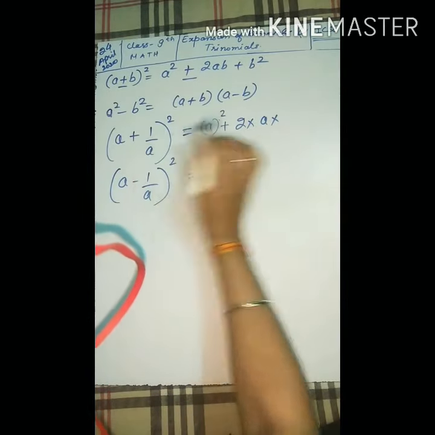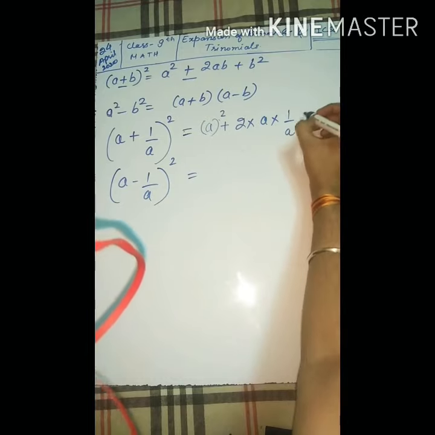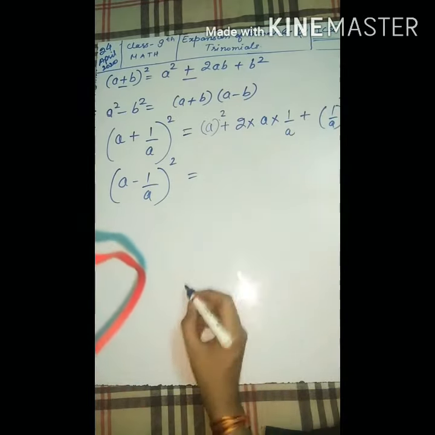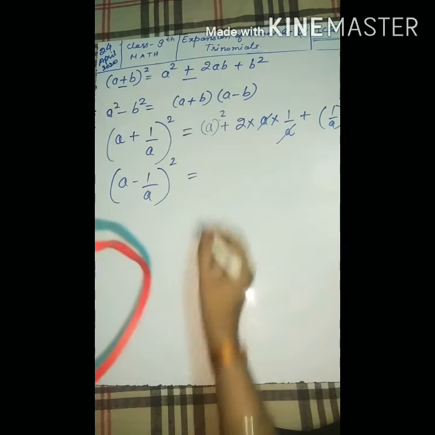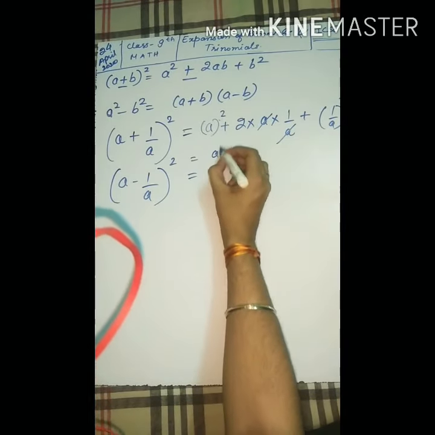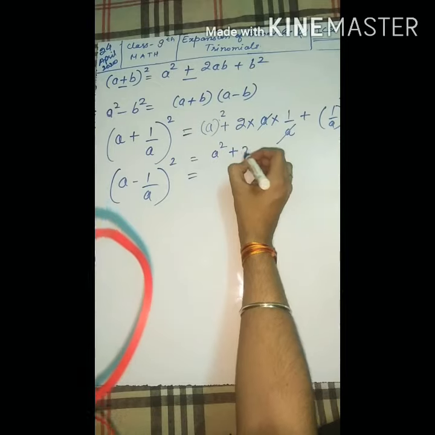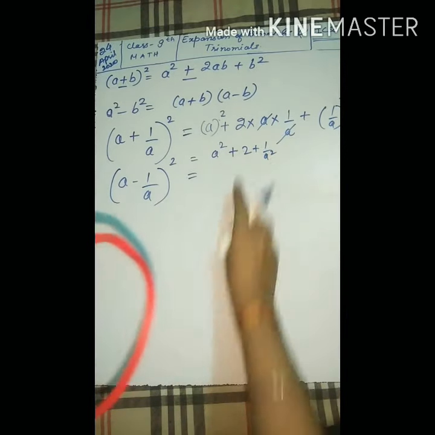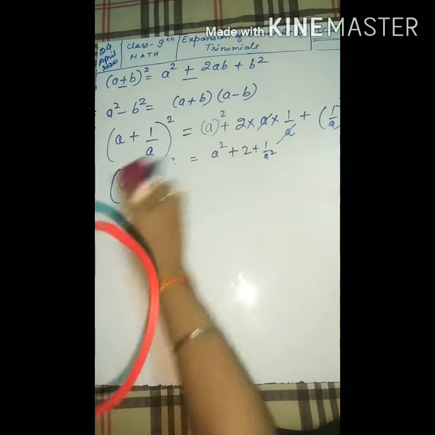In place of b it is 1 upon a. So 1 upon a plus, what is b square? It will be (1 upon a) whole square. A to a will be cancelled. So we are left with a square plus 2 plus (1 upon a) square. So this is the solution of the identity.